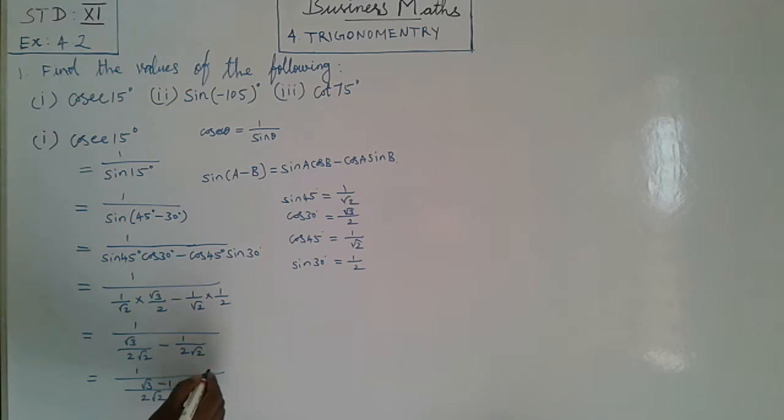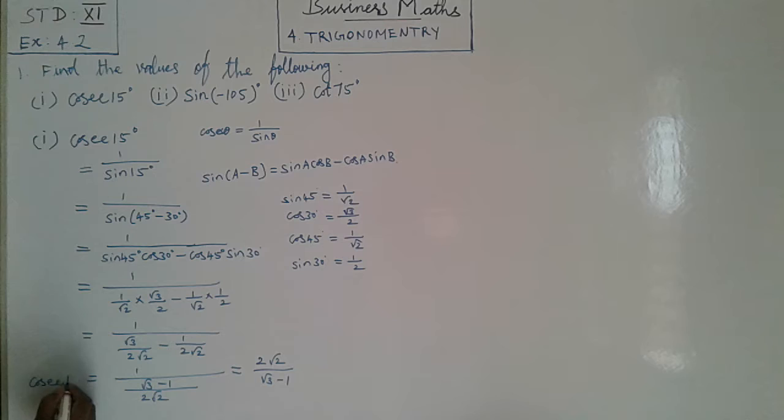Its reciprocal value is 1 divided by (root 3 minus 1 divided by 2 root 2), which is 2 root 2 divided by root 3 minus 1. That's the cosecant 15 degree value.